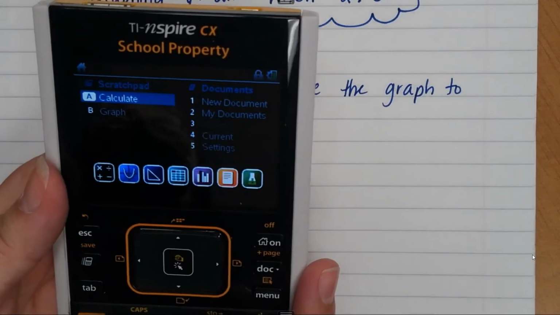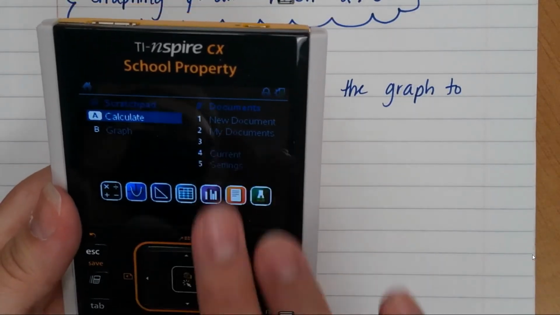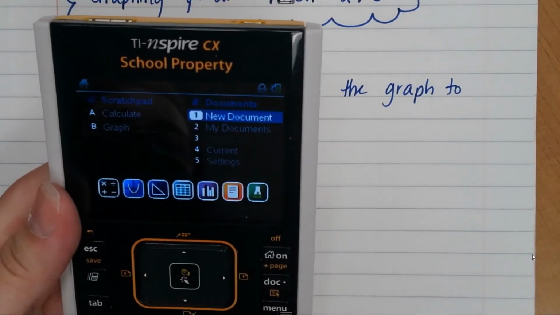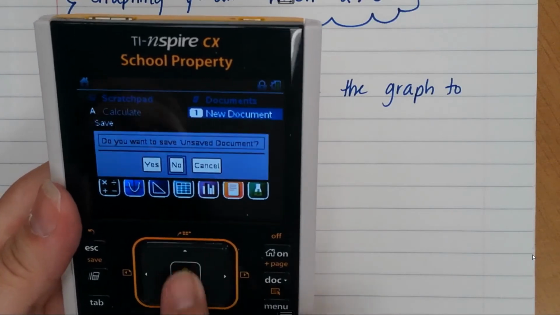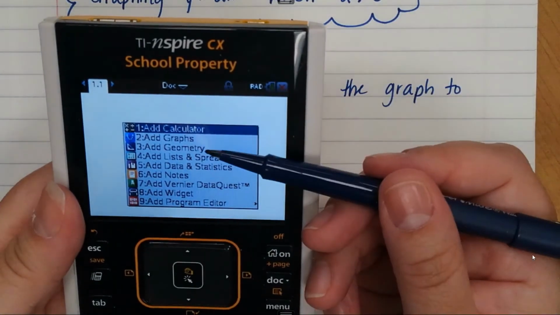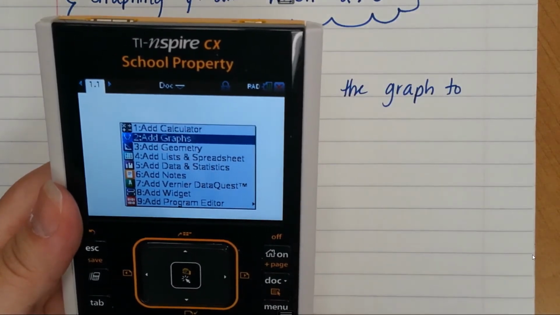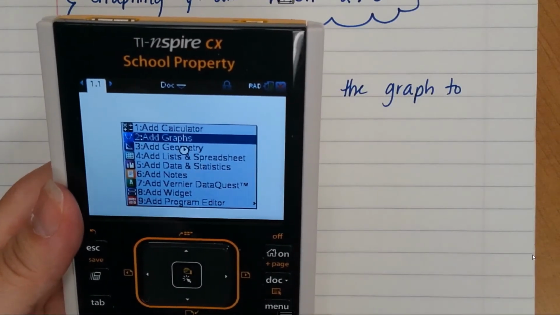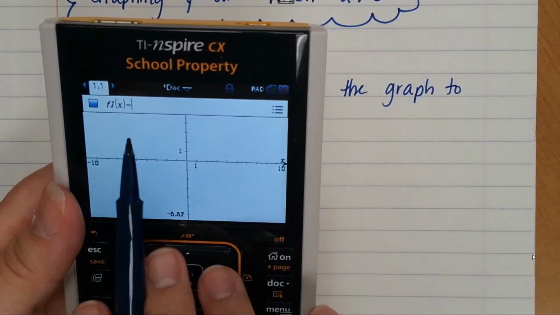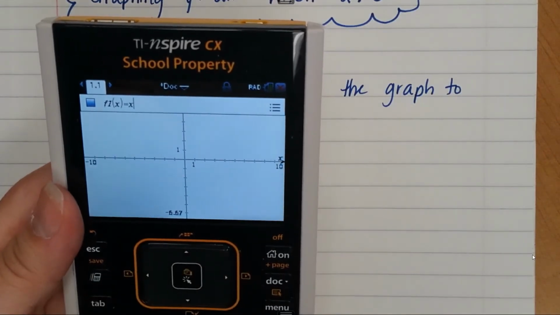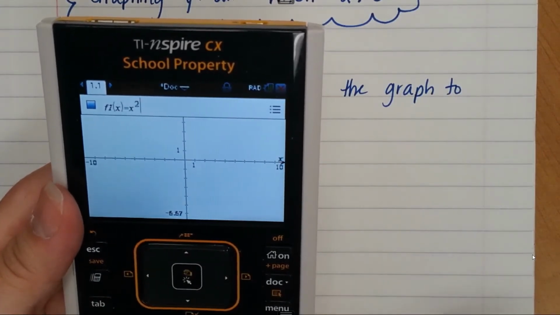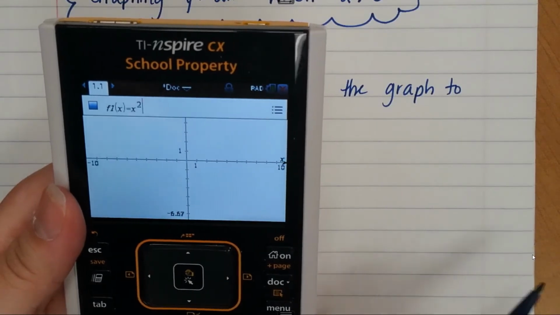So in your calculator, you're going to go to New Document. And we're going to go to Add Graphs. Right here. Okay, so let's put the parent function. Just put x to the second power. Push Enter.